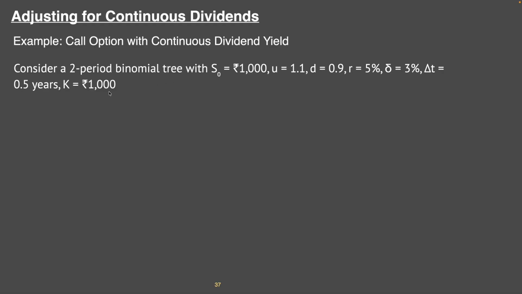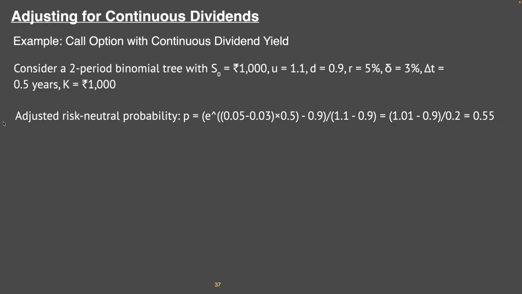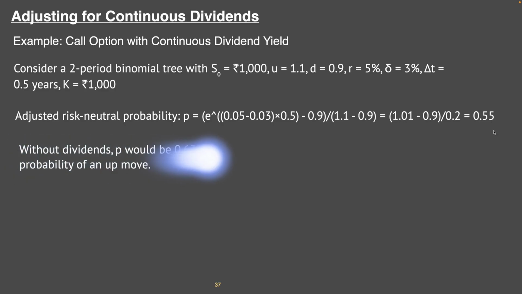The strike price is 1000, then the adjusted risk-neutral probability p will be e to the power of (0.05 minus 0.03) into 0.5, minus d, which is 0.9, divided by 1.1 minus 0.9, which will be equal to 0.55.